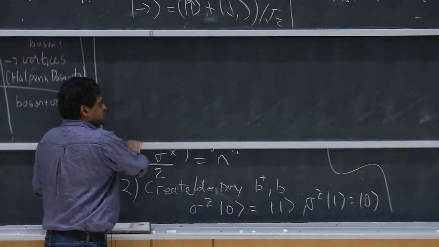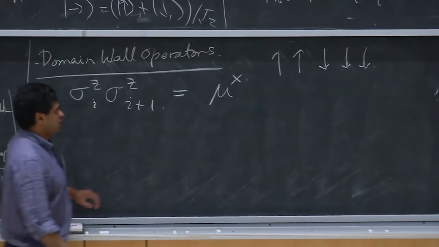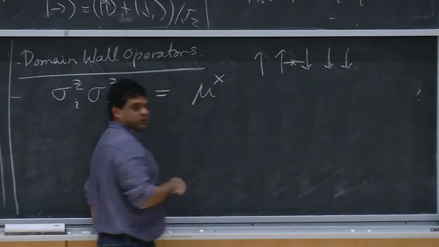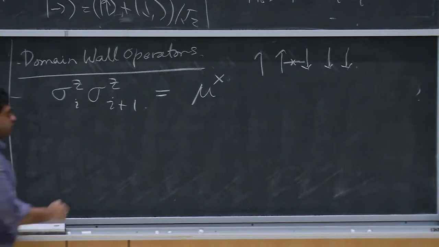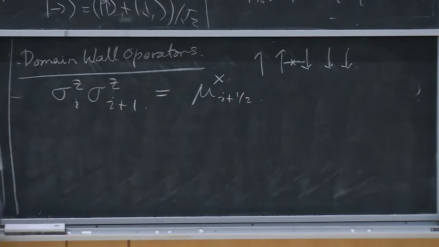So let me call this the x component of some other spin, some other object that now lives, strictly speaking, on the bonds. This domain wall is really associated with the bond, the midpoint between the two sites. Let me label it as I plus half. That measures whether or not you have a domain wall.